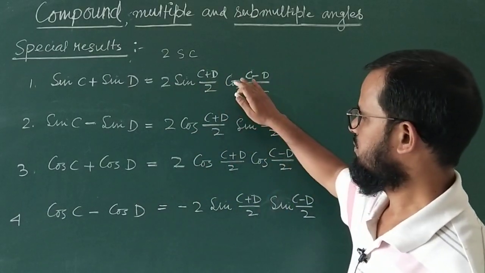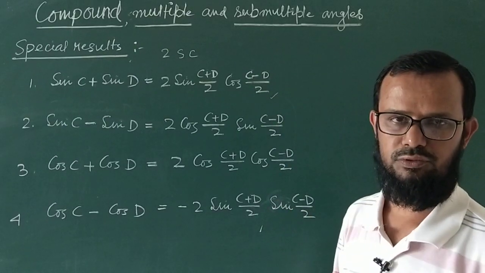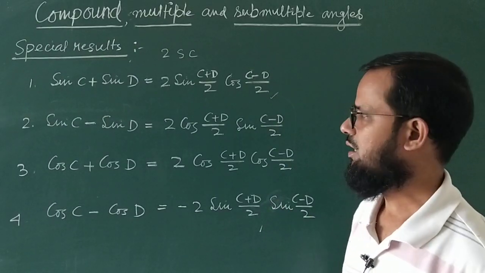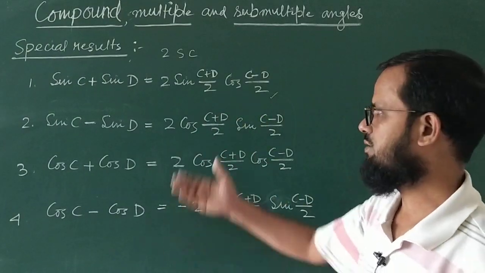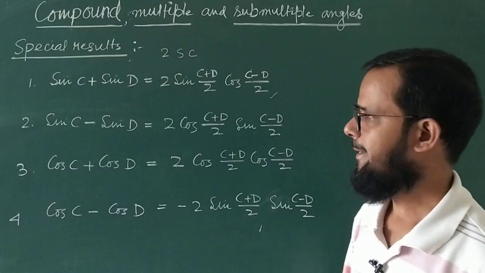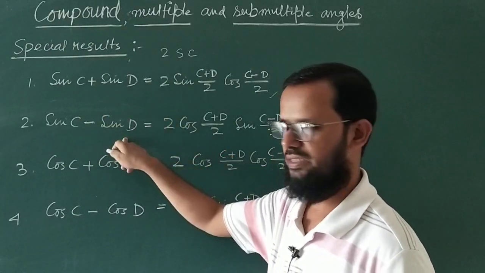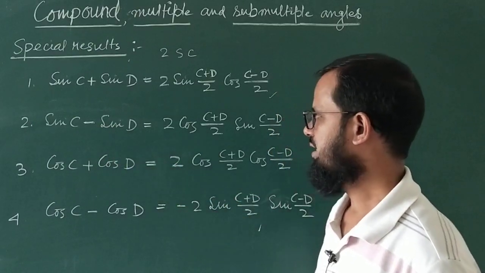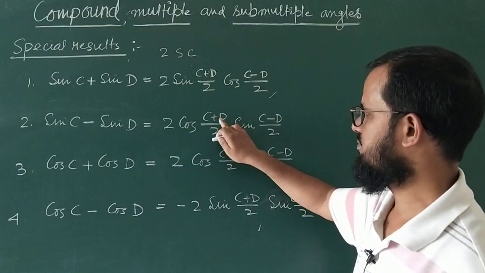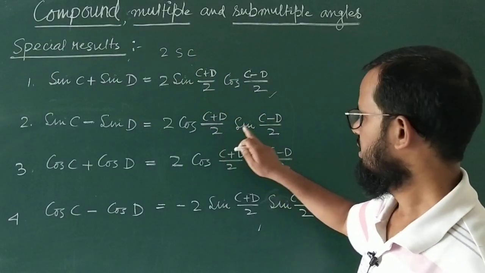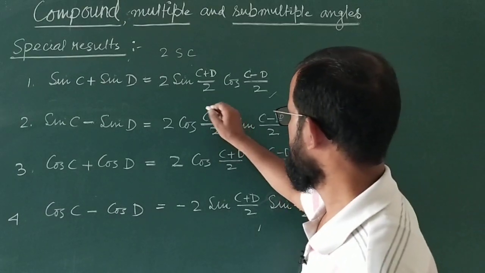I will prove this result and one other, so that you can understand why the result holds. Now sin C minus sin D: both are sin, but it starts with cos and ends with sin, and everything else is the same, sum of the angles divided by 2, difference of the angles divided by 2.